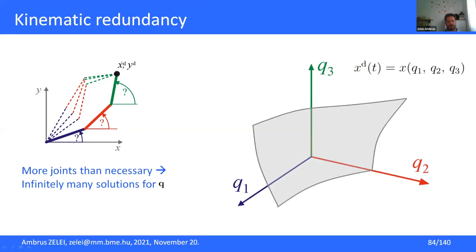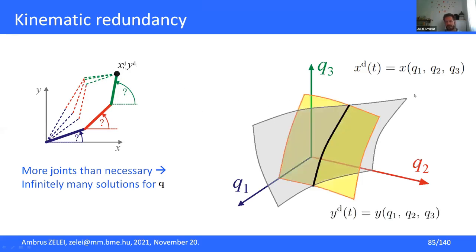And when I'm specifying the desired X position, it means that I will have one equation for Q1, Q2, and Q3, which means that I have a codimension 1 object in the 3-dimensional space, which is basically a surface. So if I move any point in this surface, the X position of the endpoint will be correct. But I'm also specifying the Y position, the vertical position.